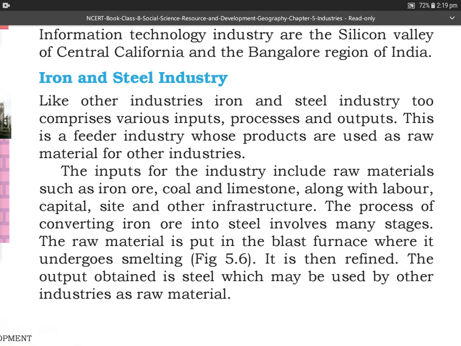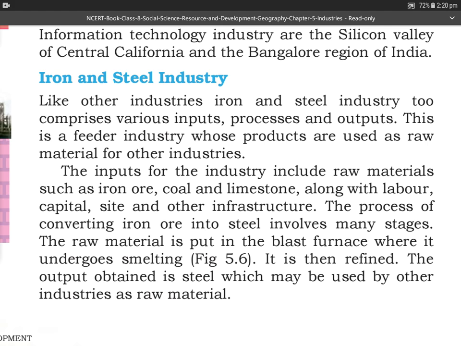What are the factors which affect the location of iron and steel industries worldwide and in India? Like other industries, iron and steel industries too comprise various inputs, processes and outputs. Like in the industrial system, you learned that for each and every industry it is necessary to have some inputs, process and output. Same for iron and steel industries also.